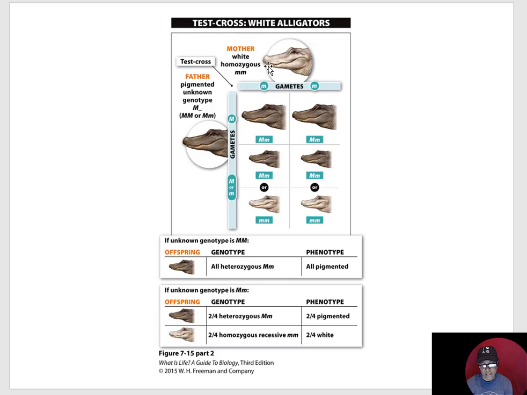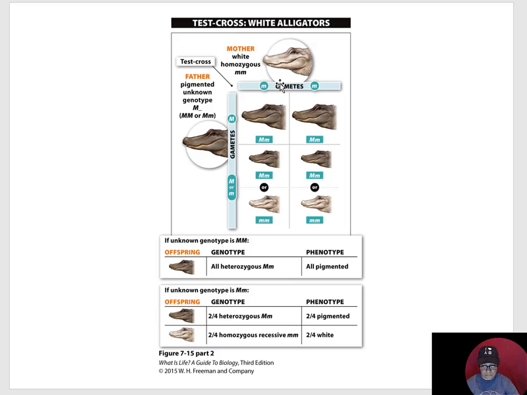So here we have the homozygous recessive individual, and we cross that homozygous recessive individual with this unknown individual. The unknown individual has pigment. What we don't know is, is this individual homozygous dominant because they have pigment, or is this individual heterozygous because they also have pigment, right? We don't know. What you do is a test cross with a homozygous recessive.